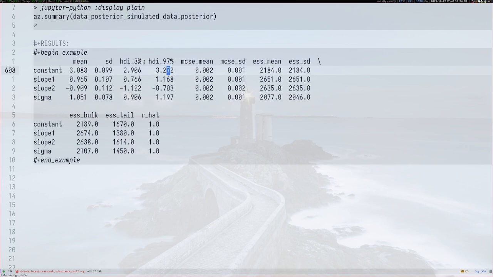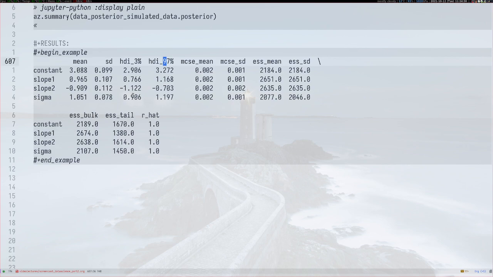Put differently, with 95% probability, the constant lies between the values of 2.9 and 3.3. For slope 1, with 95% probability, the value of slope 1 lies between 0.8 and let's say 1.2. So that's the way to read these two columns.